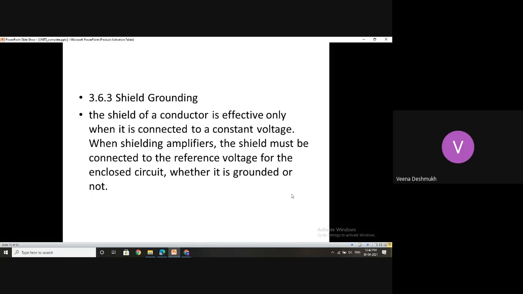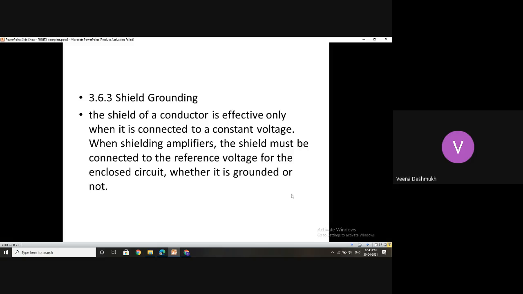By maintaining this at some reference or constant potential, the current which is flowing through this shield is made to flow through this reference and through that to the ground. This has several advantages because a constant low current is made to flow, and any excess leakage current or the voltages which are produced due to the capacitive effect between the conductors is minimized by this kind of shield grounding.